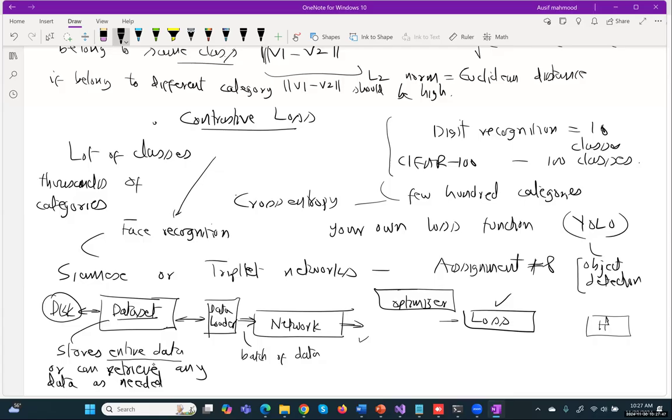So anyway, if you come across a problem, we can write our own loss function and program it very similar to how we program a network. But anyway, you need, once again, to define a data set, define a data loader, which will always be tied to the data set.